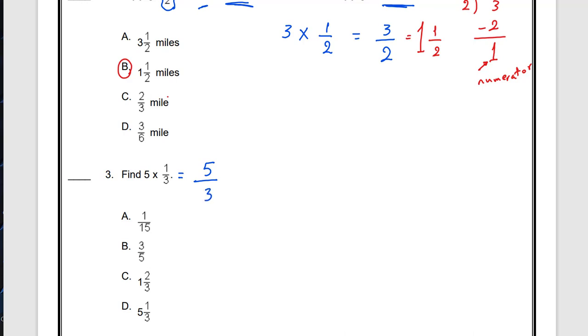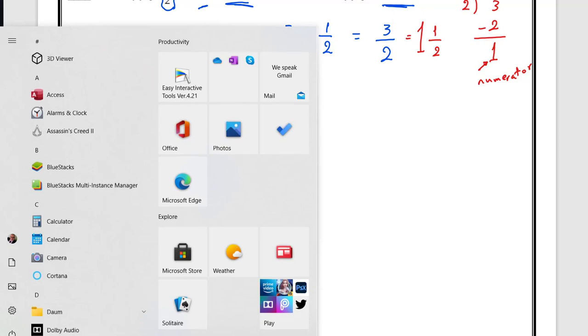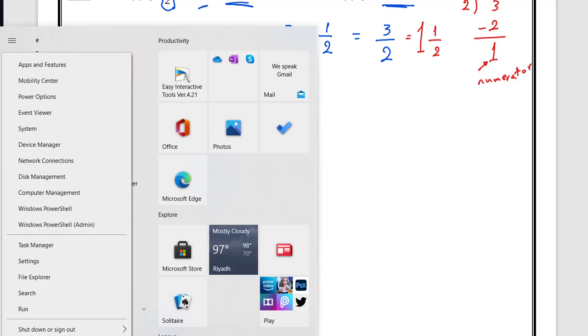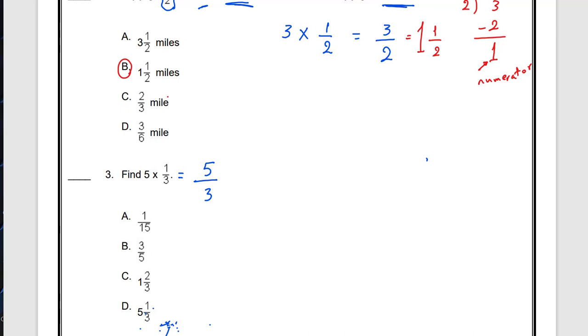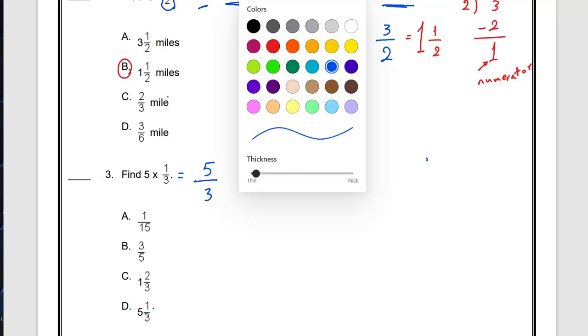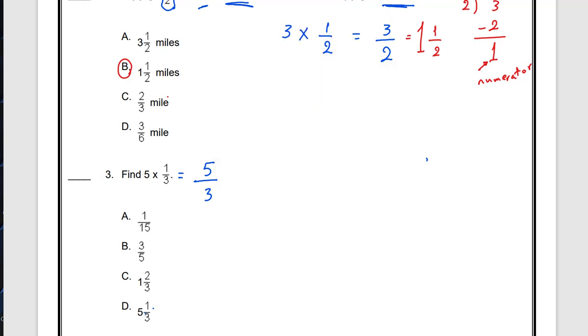Okay, this is an improper fraction, right? Yeah, but no answer like this, because what we will do, the 5 has how many 3s? 1. We will take the 3 and we will have 2. I like how you explain. I like this. But let's do it as long division to make it easy for your friends.